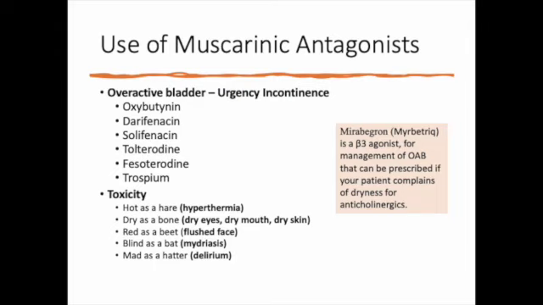Also the urinary frequency, which is defined by voiding 8 to 12 or more times per day. Nocturia, waking up at least 2 or more times at night to void, and the urge incontinence, meaning that your patient would have this involuntary urine leakage that comes with urgency.